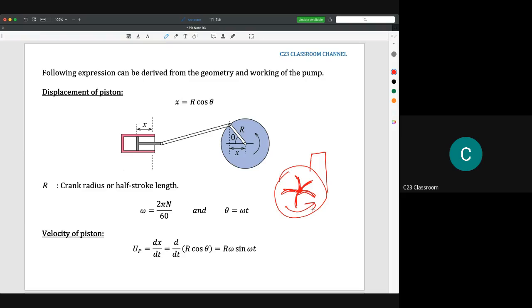But for a piston pump, you could imagine that the piston will stop at this point and also at this point before it changes the direction of motion. So the velocity starts from 0, then increases to a certain level, then slows down and stops.